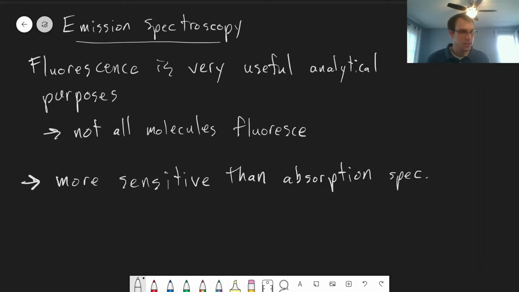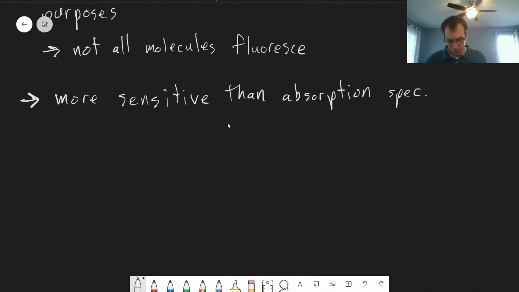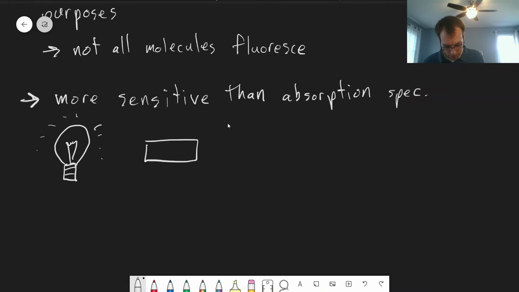All right, absorption spectroscopy. In absorption spectroscopy, the idea is we have a light source. So I'll just draw a little light here, and we shine that through our sample. Put the monochromator in there. And we're looking at this bright light source and seeing the missing light, how much less light.